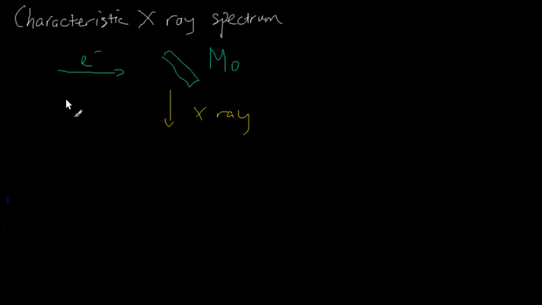I'm going to assume an energy of 100 keV for the electrons. As I have sketched previously, let me sketch this again: the graph for the X-ray spectrum.